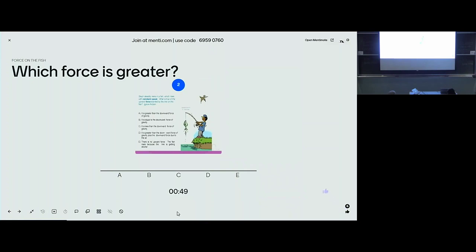Is the upward force on the fish greater than the downward force? Or they are the same, or the downward force is greater? You still have 30 more seconds, and you are allowed to talk to your peers. You are not alone in this physics world.